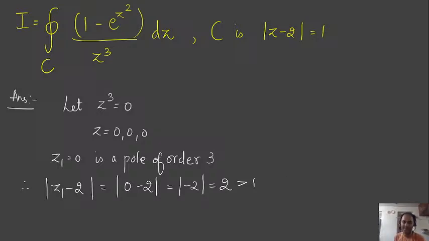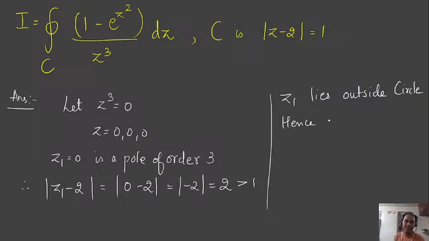which is the radius. Therefore you conclude that z1 lies outside the circle, right, outside the circle, and hence you don't have a residue at this point, so the answer is going to be 0.